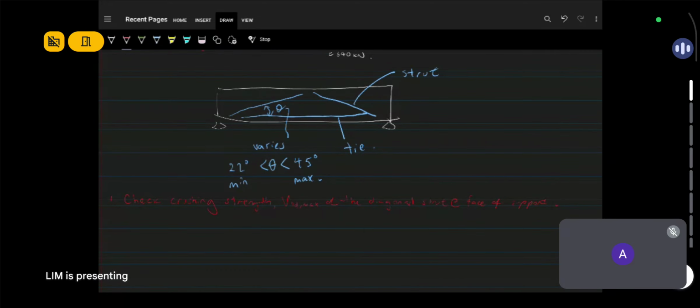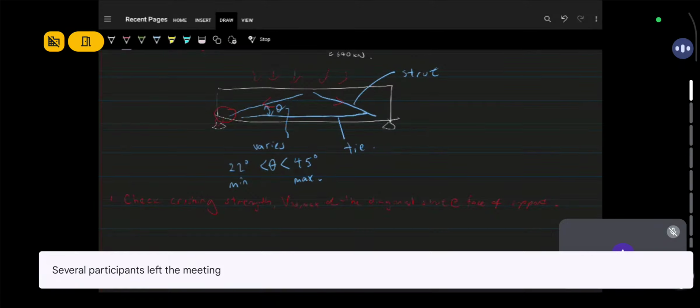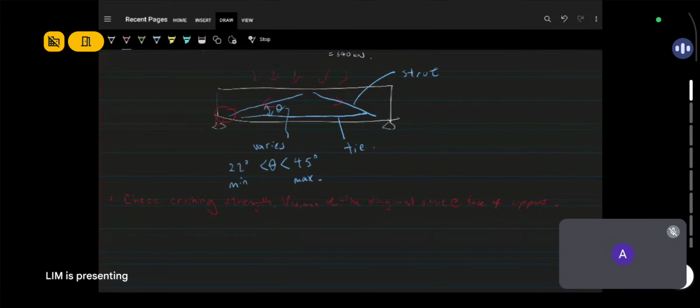Basically what that means is you have all your load coming down on the beam. That load will travel down the strut so that it can reach the support here. So we want to check the strut at that point, whether it's going to crush or not due to shear, due to your vertical loads.